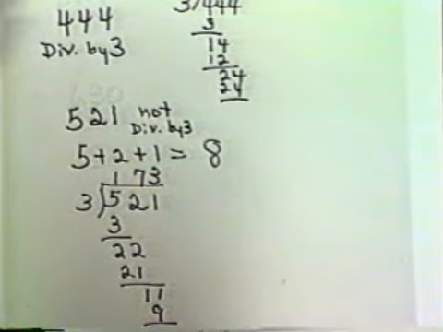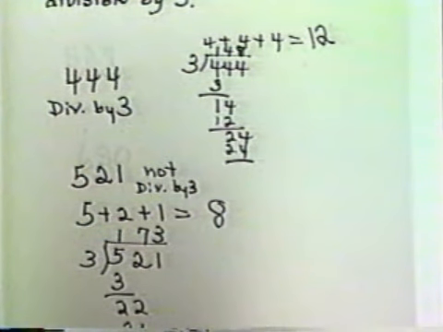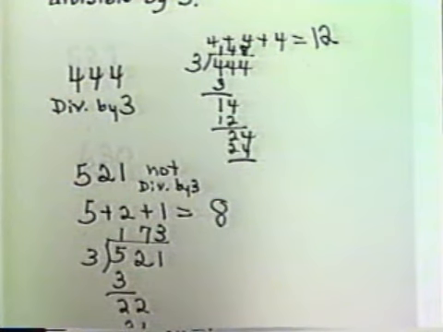The 444 was divisible by 3 because when you added up the digits, you got 12, and 12 was divisible by 3. So to tell if a number is divisible by 3, you add up all the digits and see if what you get is divisible by 3.